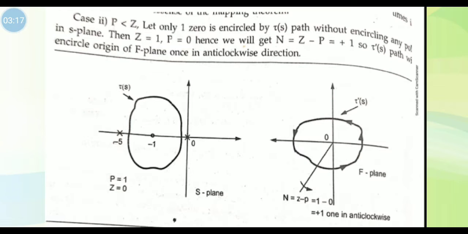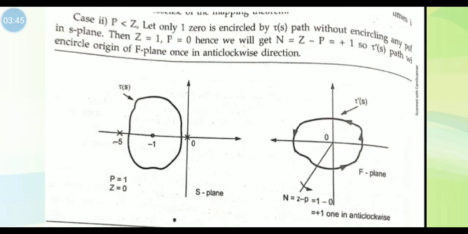So you can see number of poles is less than Z. Let only one zero. So you can see only this zero is encircled by this Γ'(s) path without encircling any pole in S plane.